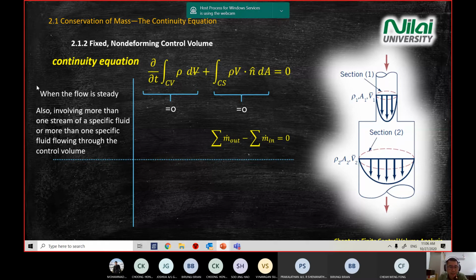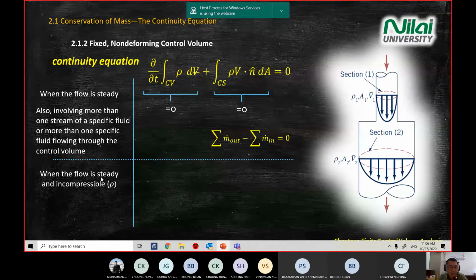Okay, we'll deal with the concept first. With the flow steady, both of these equal 0. But for the control surface component, this is the m dot, and I need to recall that m dot has in and out. What is in has a negative sign, and out has a positive sign.